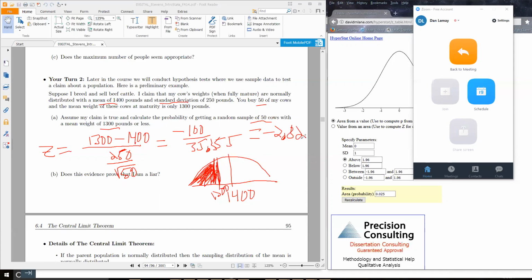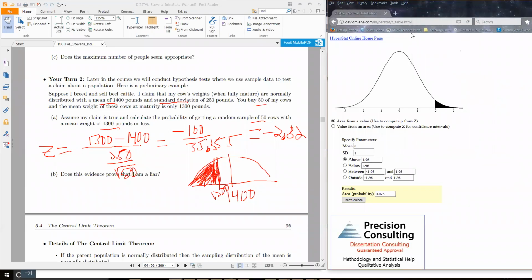Okay, so that's a pretty small z-score. And if I get the probability, because that's what they're looking for, you can either use a normal probability table, or you can use an online applet like this David Lane normal applet. Since I've already converted this to a z-score, I know the mean is going to be 0 and the standard deviation is going to be 1.